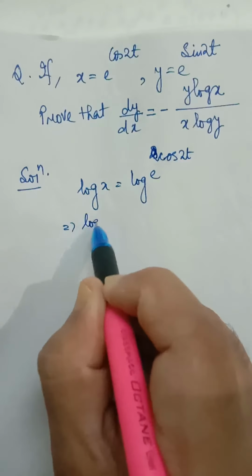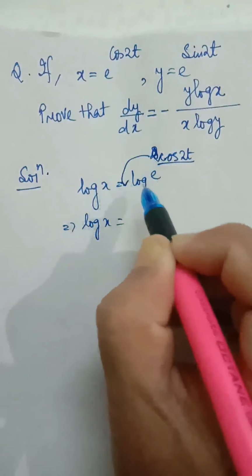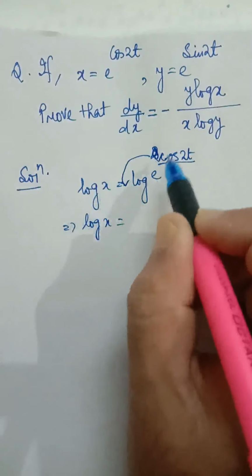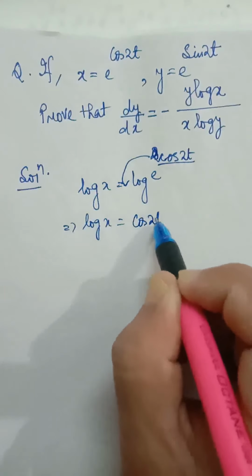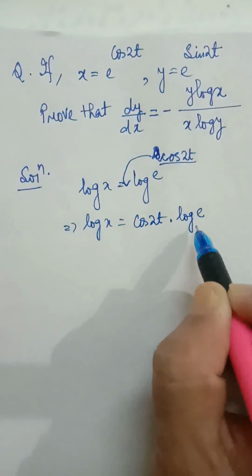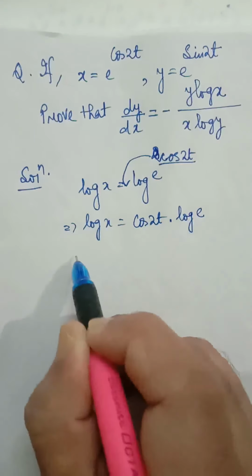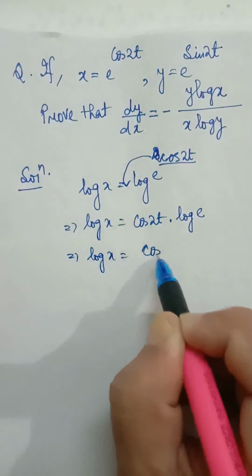So log x equals cos 2t by the property of logarithm, log of a to the power n is n log a, so it will be cos 2t into log e, and we know log of e base e equal to 1. So log of x equal to cos 2t.